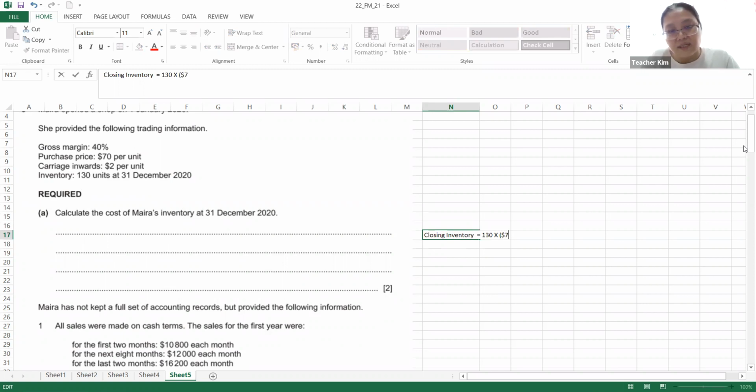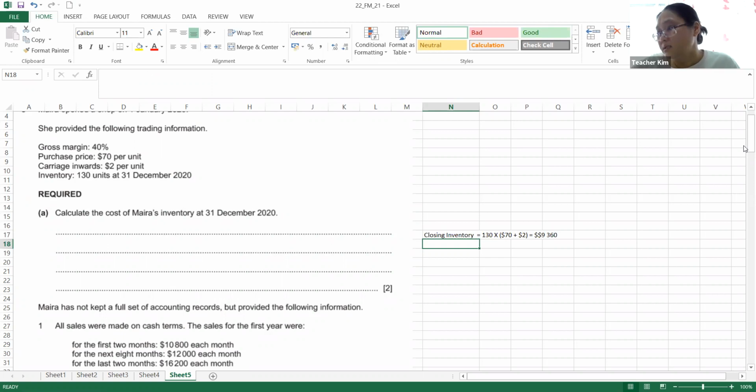You have to take 70 plus 2, then get the answer. So 130 times 72, 9360. So this is the amount that we get.